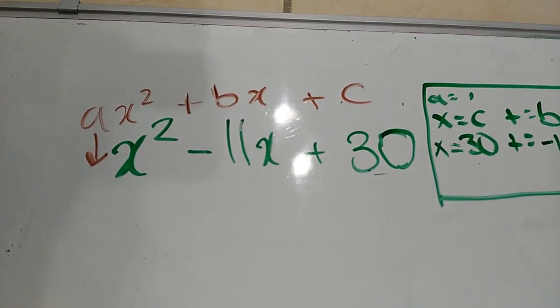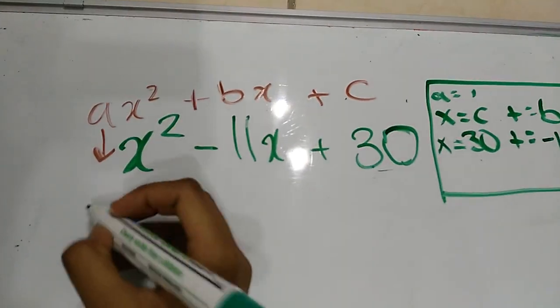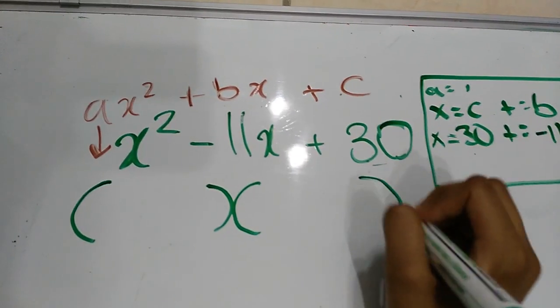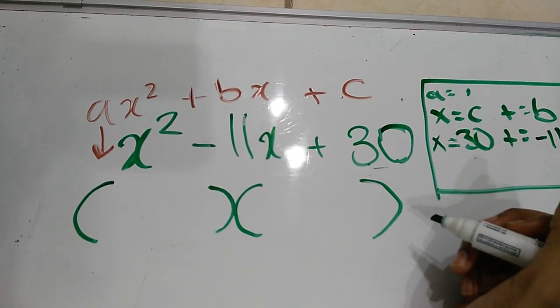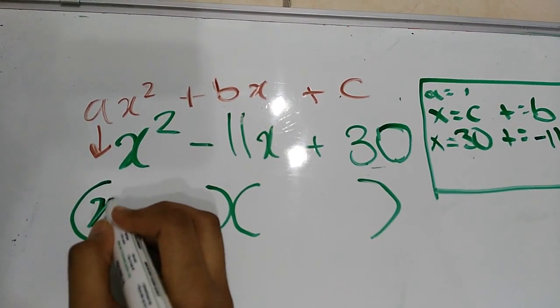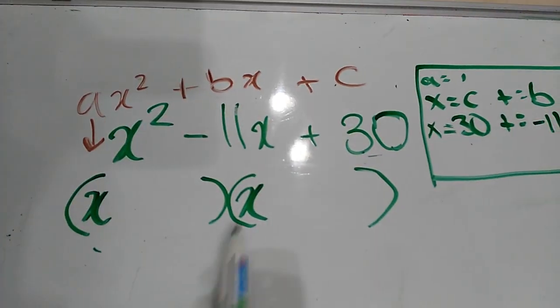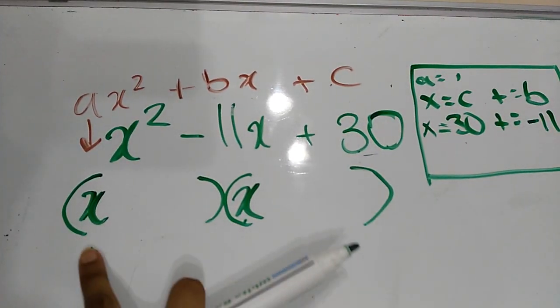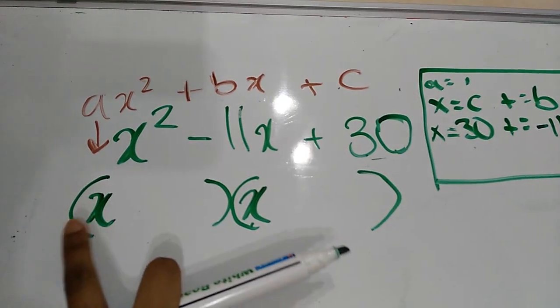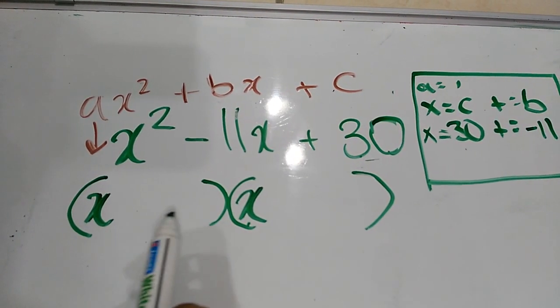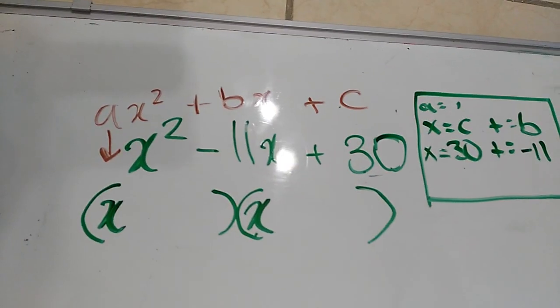Because a is equal to 1, the first thing I do is simplify it into two brackets multiplied by each other and make x my first value in each bracket. Because when I open it up, x times x will give me x squared, so I don't need to worry about any numbers being attached to the x's. Now I need to focus on what these two values might be.